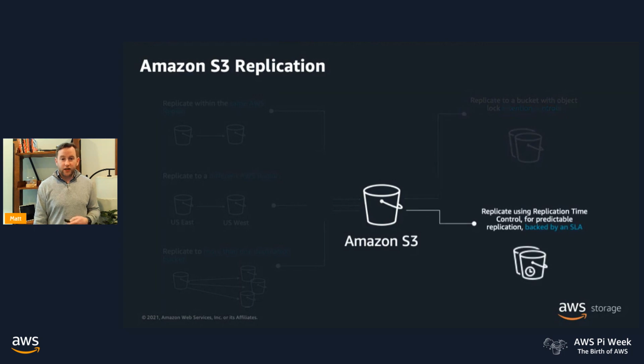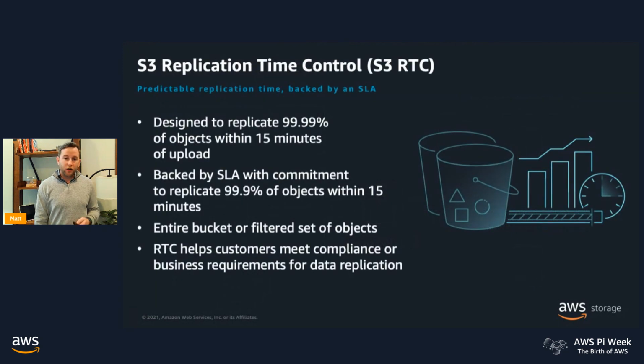And if you need predictable replication backed by an SLA, S3 Replication Time Control provides an SLA to replicate objects within 15 minutes of upload. So if you are a customer looking for a predictable, SLA-backed guarantee on your data replication, consider using S3 Replication Time Control, or RTC as we often call it.